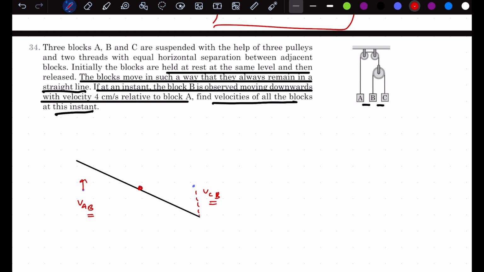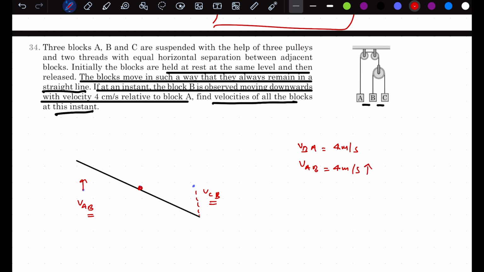Now what do we know is this, that the velocity of B with respect to A is given as 4 meter per second in the downward direction. Then velocity of A with respect to B will be 4 meter per second in the upward direction, no doubt in that.